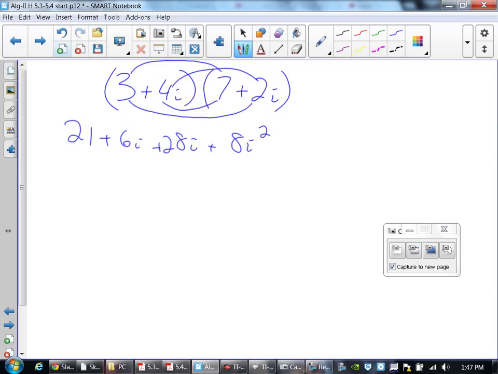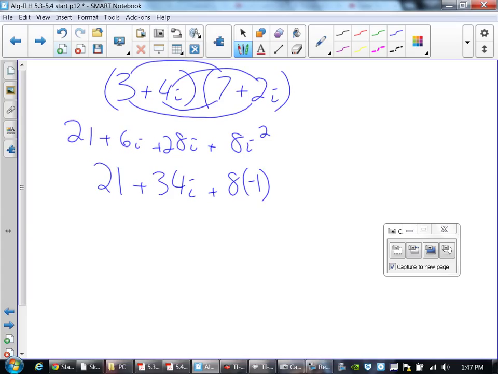Okay. i squared can be rewritten as negative 1. So I have 21 plus, well, 6 and 28 is 34i. This is plus 8 times negative 1.